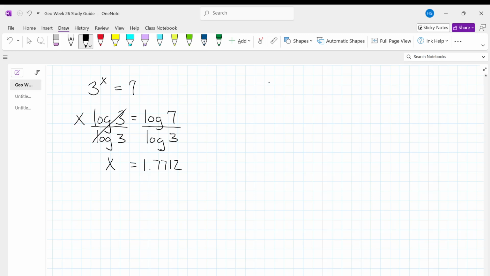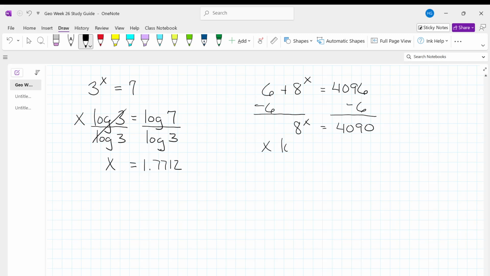All right, if we get 6 plus 8 raised to the x power equal to 4096. We're going to start off by trying to isolate this variable. We're going to subtract 6 from each side. So we get 8 raised to the x power equal to 4090. I'm going to write them in log form.